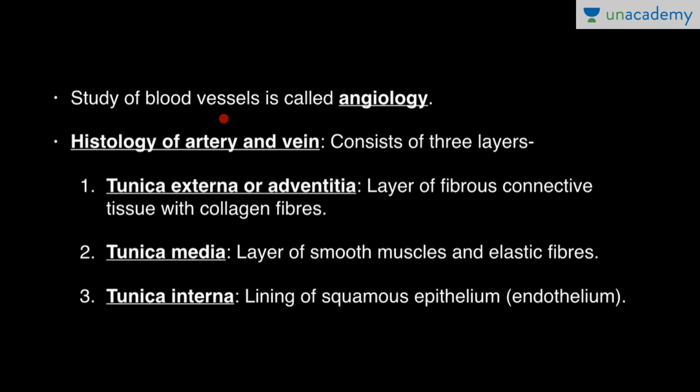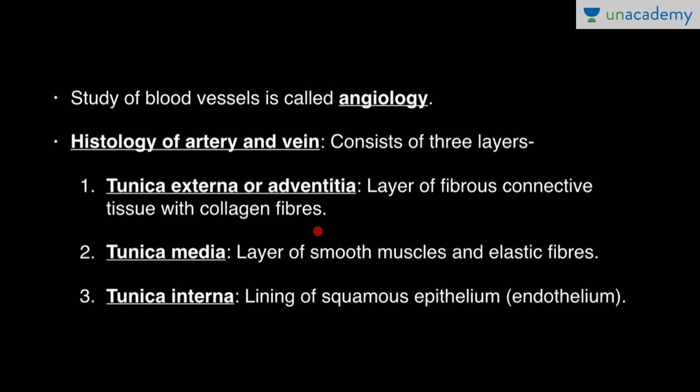Now the study of blood vessels is called angiology. So angiology is the study of blood vessels. Histology of artery and vein. The wall of the artery and veins consists of three layers. First is tunica externa or adventitia, a layer of fibrous connective tissue with collagen fibers.